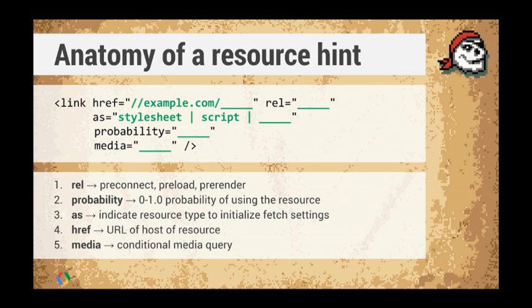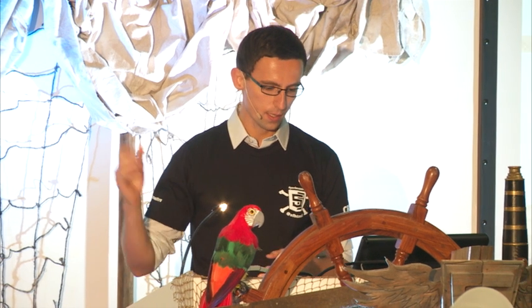This just allows us to prioritize the fetches better in the browser. Then there's the actual link, and of course, media queries. So you can say, look, this hint is only relevant if I'm on mobile, right? And my screen is this big, or it's only relevant for high DPI screens and all the rest. So that's as expected. Oh, and probability, so we'll talk about that.